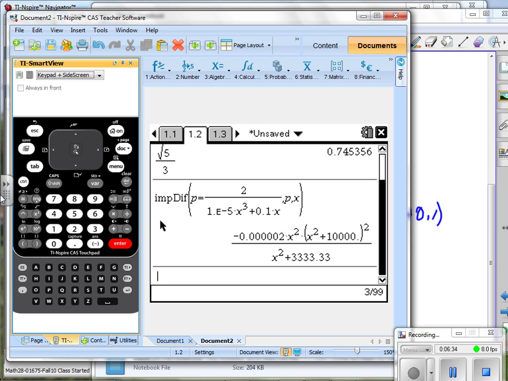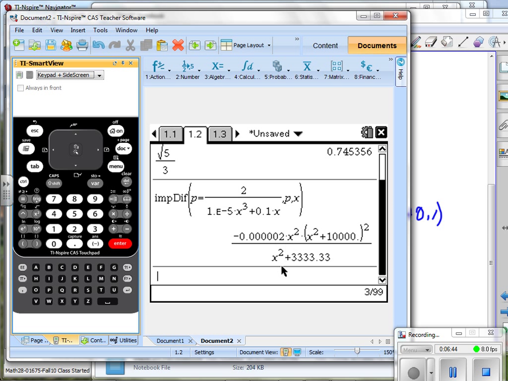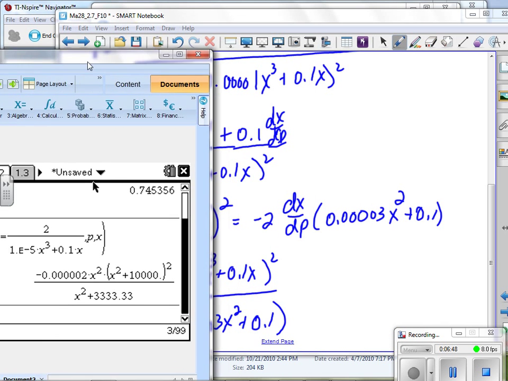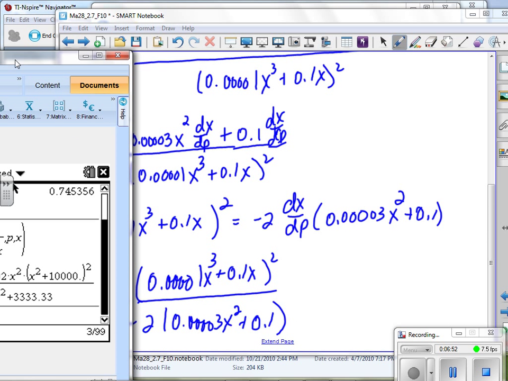Let's take a look at it. It's kind of hard to tell, isn't it? I'm trying to see if there's any similarity. We have x squared plus 333, 3333, and a third. Well, let's see, where would that come into play with ours?